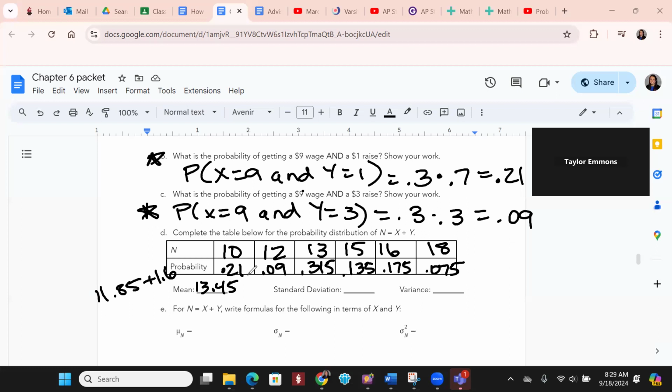So would this work for this one? No? Okay, so what can we do? We can plug it back into our calculator. Make your list. So take that last table, make your list, and pull the mean, the standard deviation, and the variance.